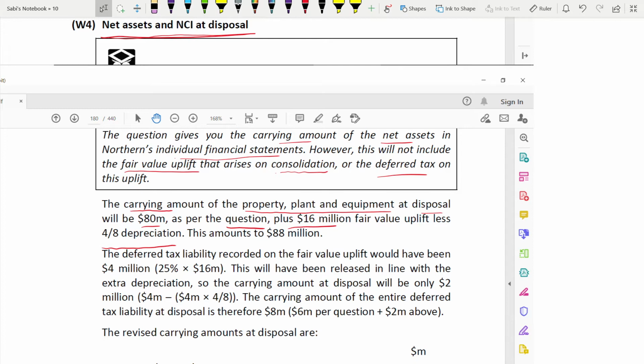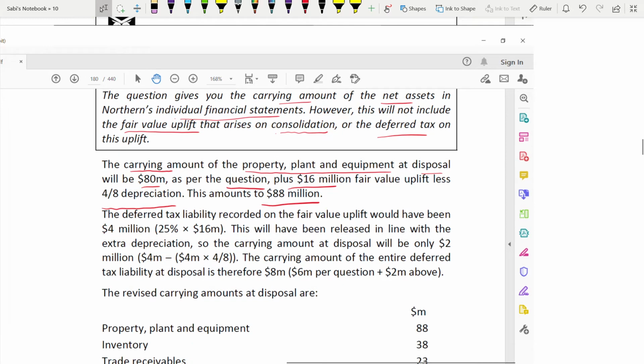So from the date of the disposal, 4 more years are remaining. 4 years have already gone by from the acquisition date to the disposal date. That's why 4/8, that means half of 16 is 8. So 80 plus that 8 will be 88 million. This is the carrying amount of PPE.